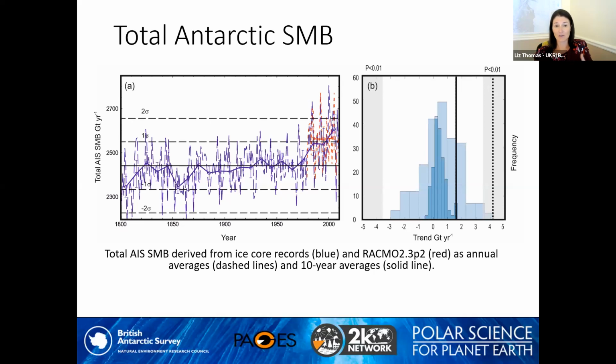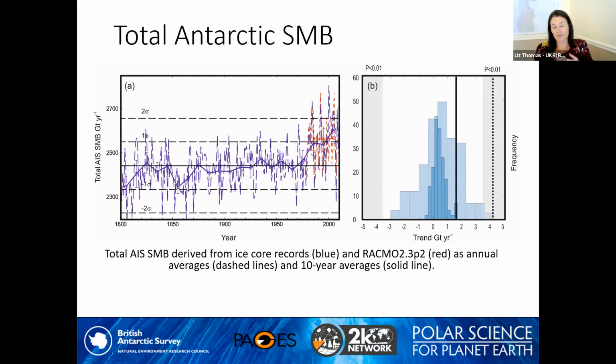It's shown as the annual again in the dashed line, and then we've got the decadal average running through that. And for comparison, the red lines are the corresponding data from the RACMO model as well. The lines on here are just showing the annual average, and then we've got for this reference period, so 1960 to 1990, and then the standard deviations above and below this.